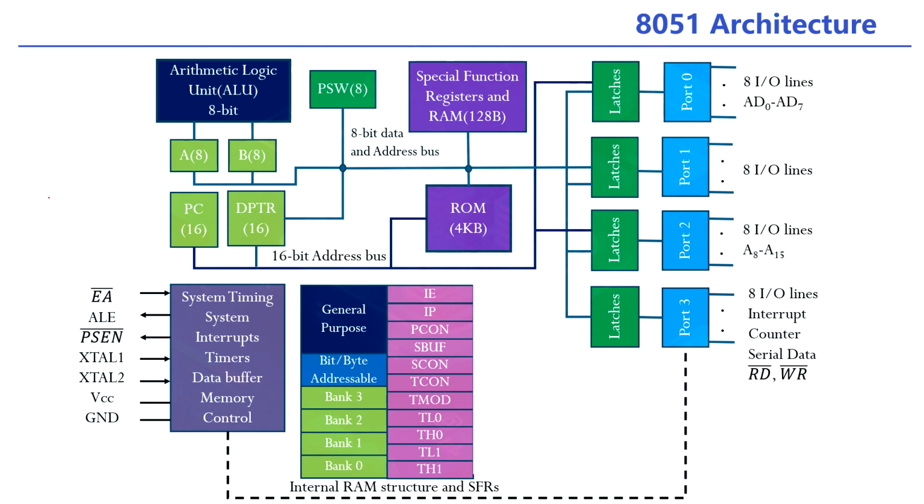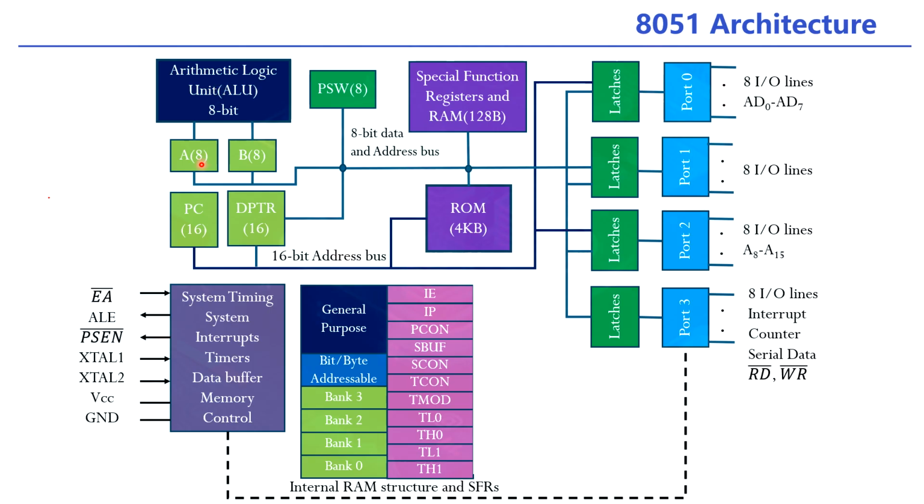Now we come to the 8051 architecture. This is a very important architecture, the internal architecture basically. You can see here, we can start from here: the ALU, that is the arithmetic logic unit. This is basically the register, and this register is an 8-bit register.